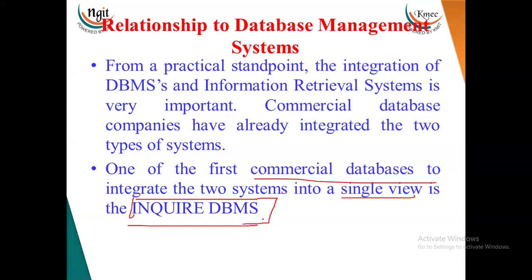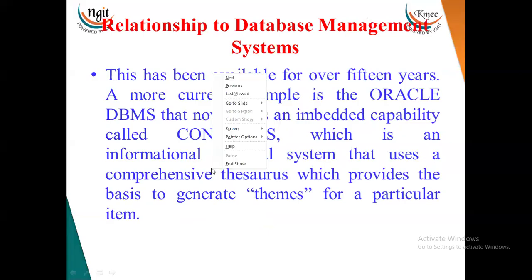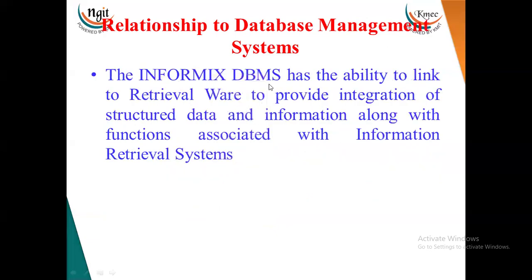It is a tool which will help to integrate different databases into a single point. This was available for 15 years. It was a current example of Oracle, and it is also called Convectis. It is mainly used for information retrieval systems. Like how Oracle provides for DBMS, this is provided for your IRS.